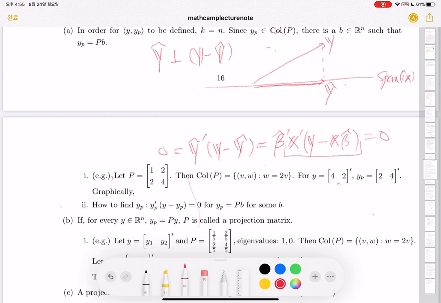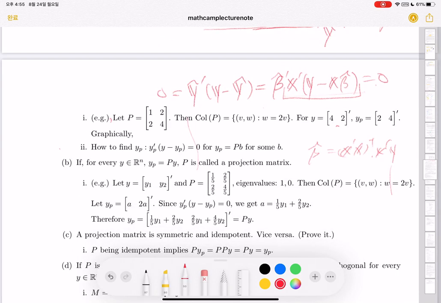So from this being 0, we get beta hat is x prime x inverse x prime y, right? Okay, so that's this.